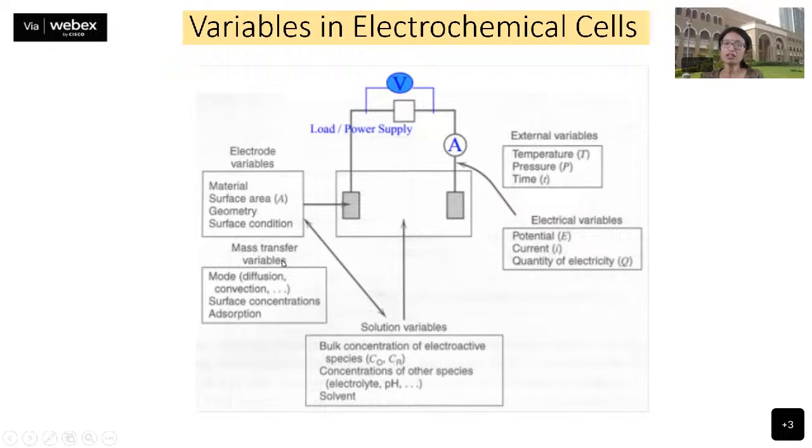Then there are various kinds of mass transfer variables because there is a movement of your ions through the solution. So what is the mode, whether it is diffusion, whether it is convection, whether the surface concentrations also matter. There can be adsorption at the electrode surface. So all those things play a role in giving you that E value of your cell.